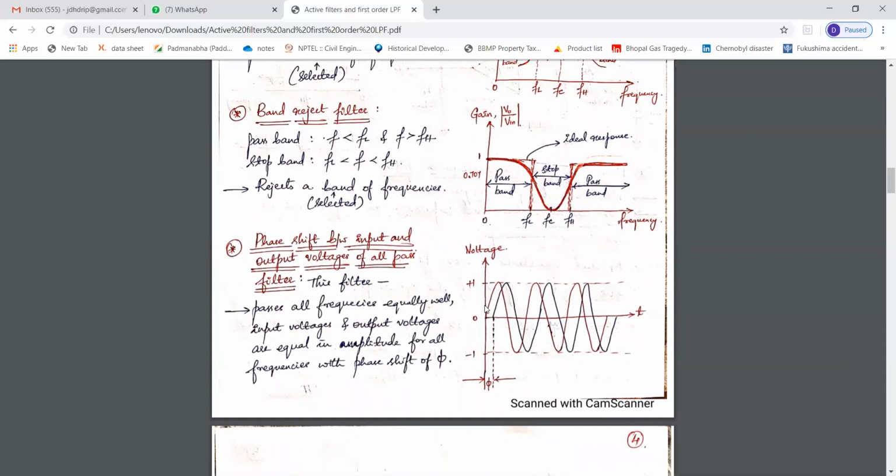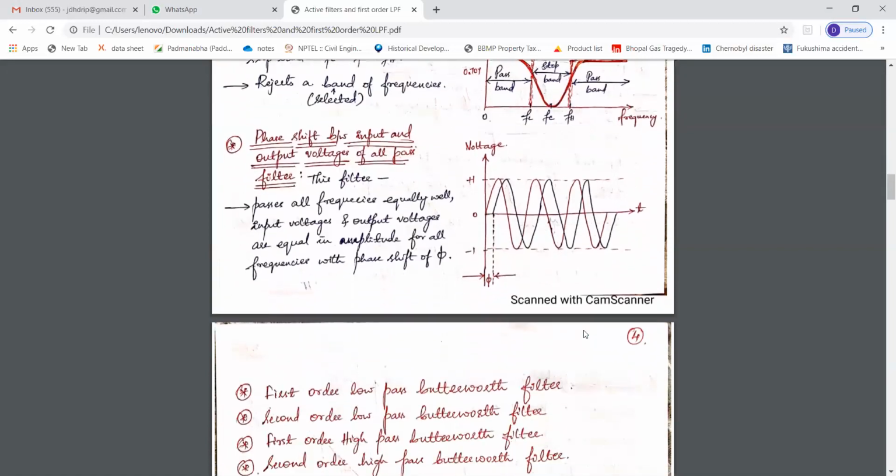So here this red signal is the input signal, and the one indicated with the blue is the output signal. You can see these two signals have a phase difference or phase shift, and you can observe that the amplitude of both the signals are same at all instants of time.